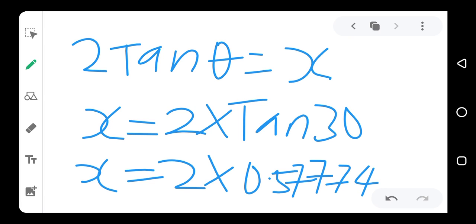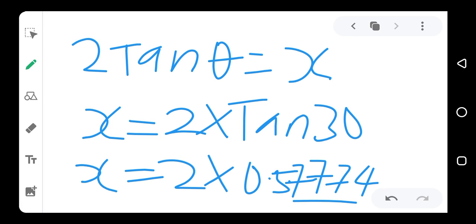You must always approximate to 4 decimal places. You can use your 4-figure table to get this, or you can just press it on your calculator and approximate it to 4 decimal places.